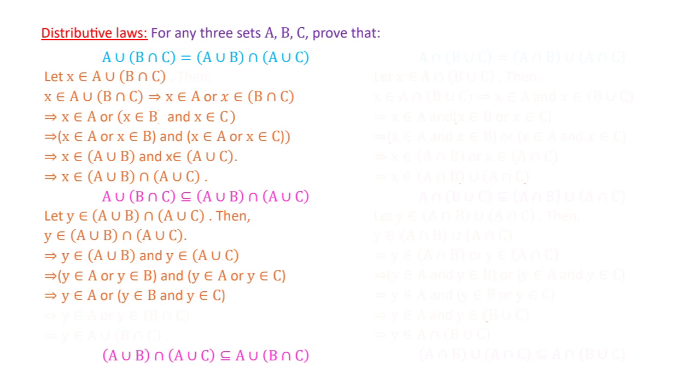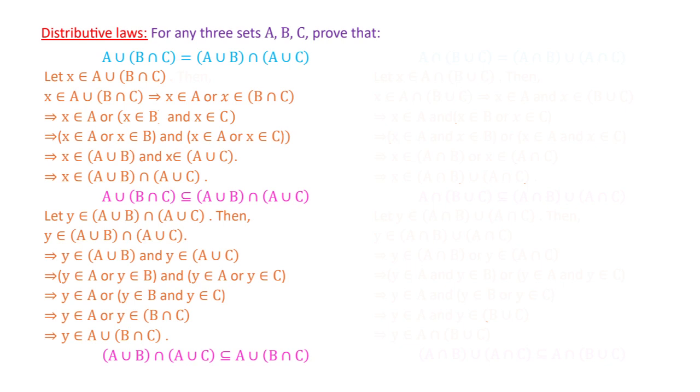If we write intersection in place of this "and", the statement Y belongs to B and Y belongs to C takes the form Y belongs to B intersection C. The remaining part is Y belongs to A or Y belongs to B intersection C. Now replacing this "or" with union, we get Y belongs to A union (B intersection C).